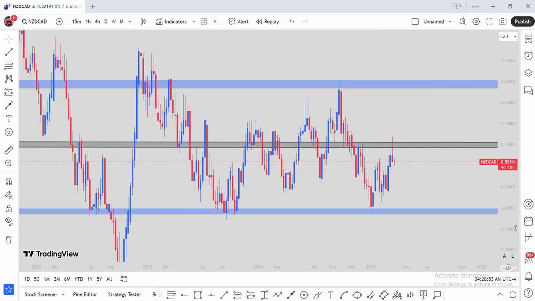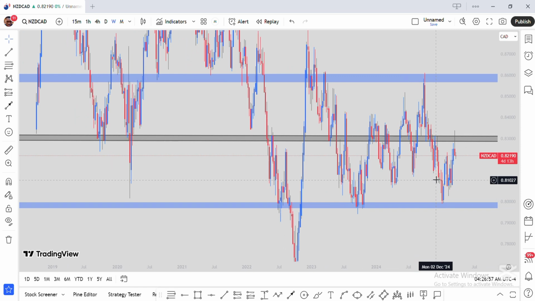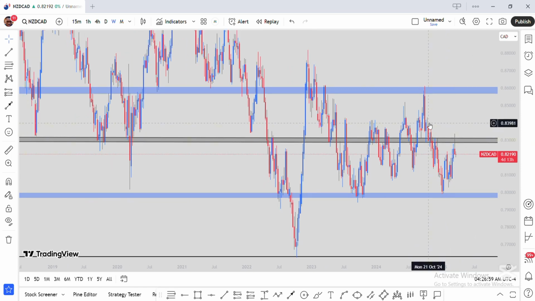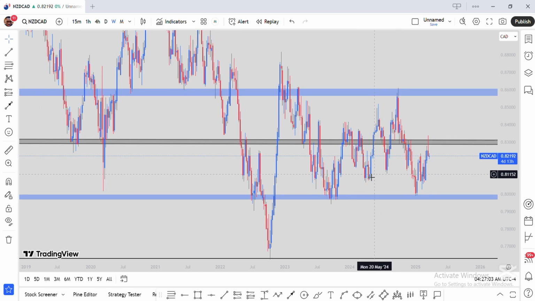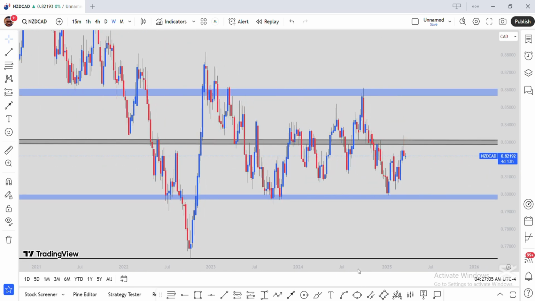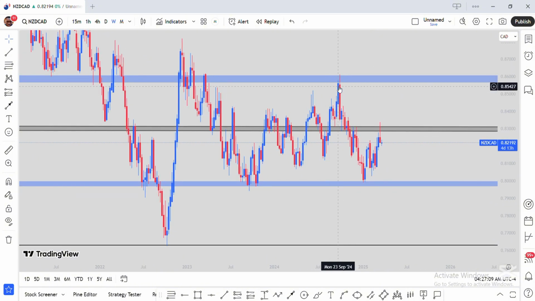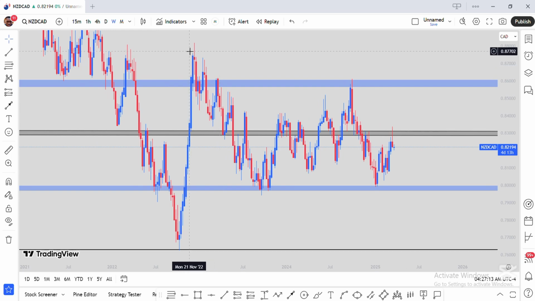But price was trading to the downside and price was still in a range around this region. So price was ranging around this region, price was moving sideways. Now the reason why I got into this trade is because of this trend. This was a lower high, this was a low, and this was another lower high.